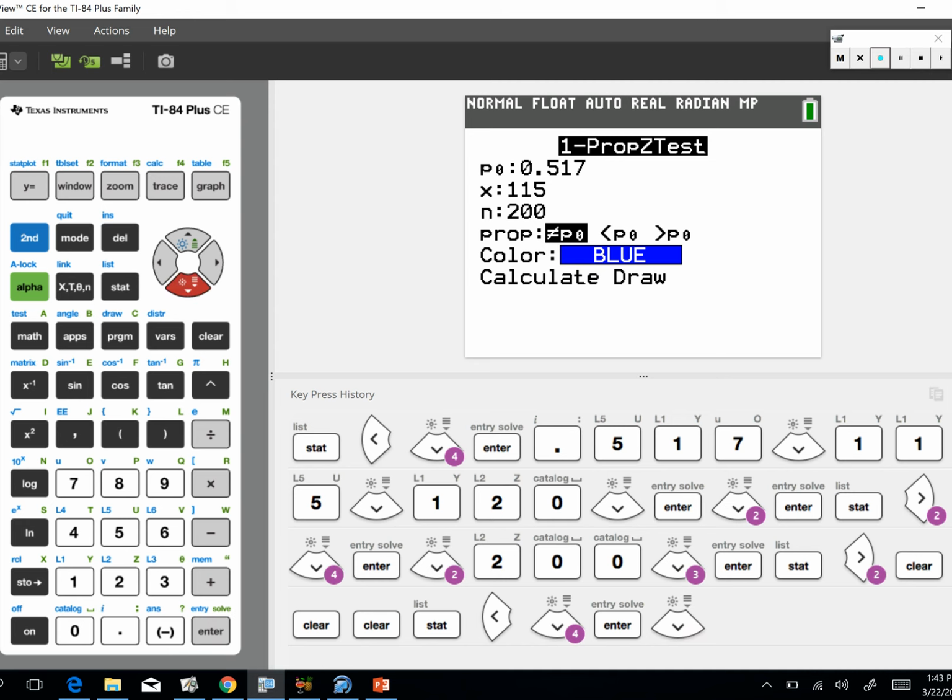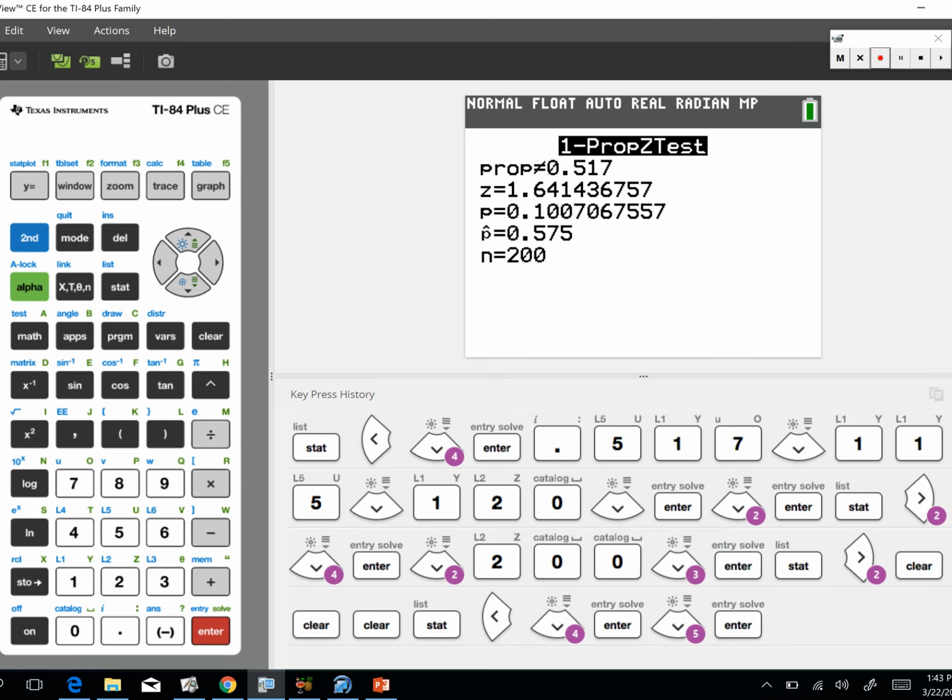The X, that's how many items in our sample possess the characteristic we are interested in. N is your sample size. We have the two-tailed test. And we calculate.